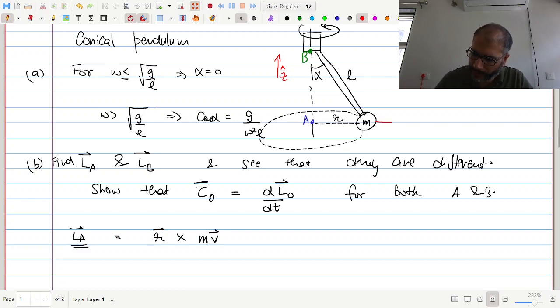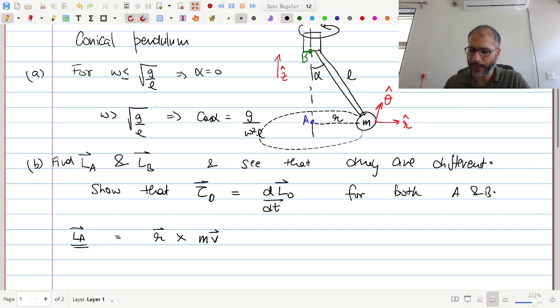So one is we can take this r hat, which of course changes with time as the bob rotates, and the other one is perpendicular to r hat, which is theta hat, which is tangent to the direction of displacement in this case. So this allows us to write the vectors in terms of unit vectors r hat, theta hat and z hat. Let me draw theta hat again, it's not very clear.